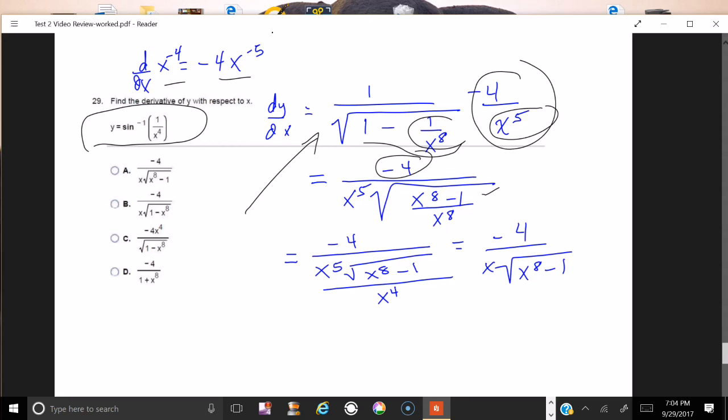The square root of x to the 8th is x to the 4th. We have x to the 5th here, so we can cancel out x to the 4th, and we're left with minus 4 divided by x times the square root of x to the 8th minus 1. And that is answer A.